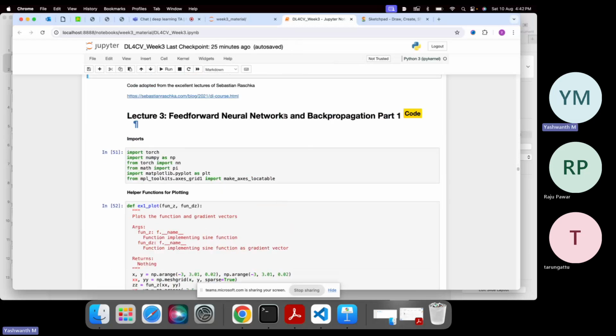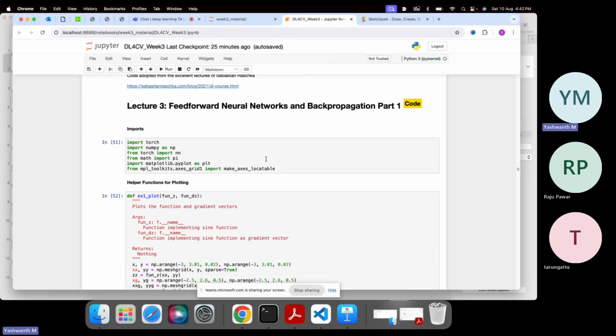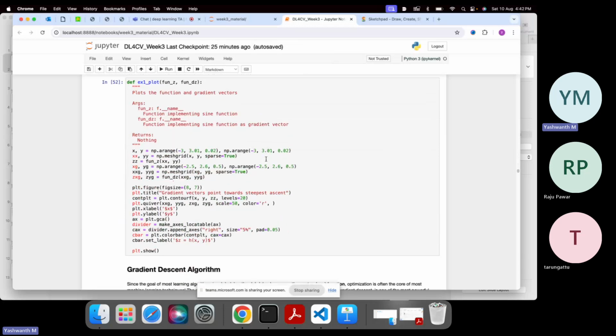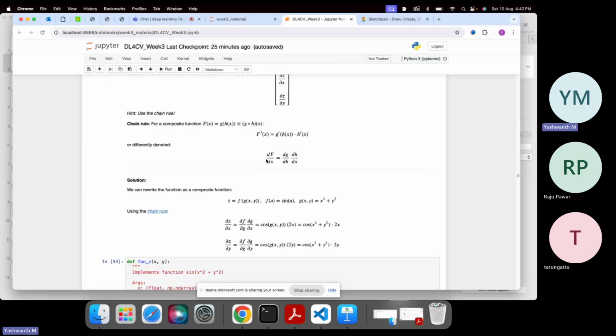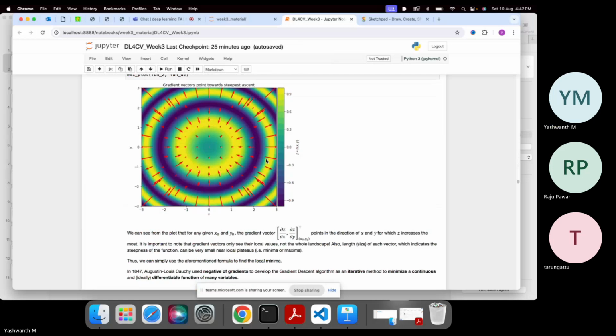So you guys know about feed-forward neural networks and what back propagation means? Or you want me to give a very quick overview of this and gradient descent?